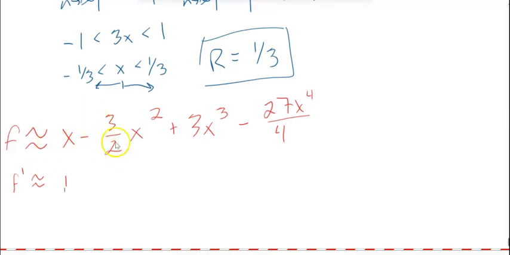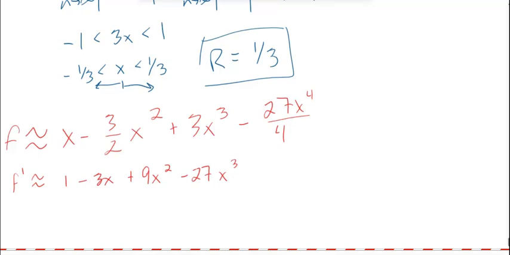And then when I do my power rule here, this 2 cancels with that 2 and gives me just a minus 3x. And then the next one gives me plus 9x squared. And then the last one, the 4's cancel, gives minus 27x cubed.